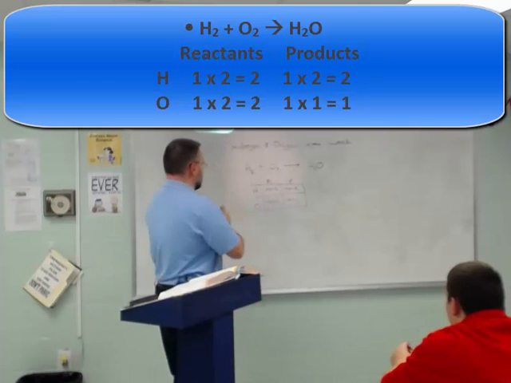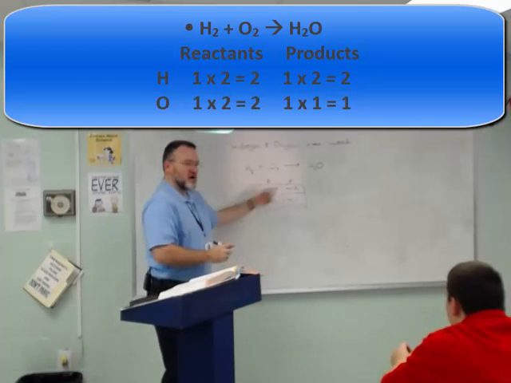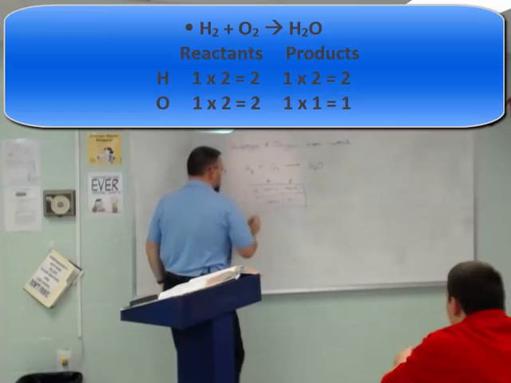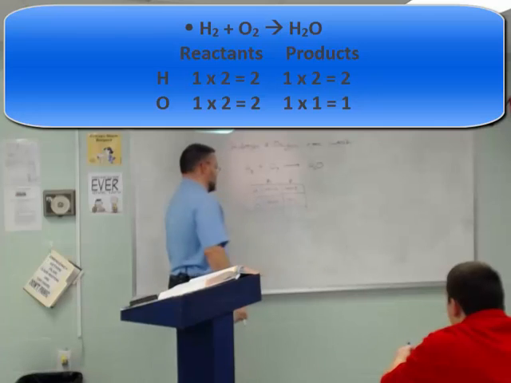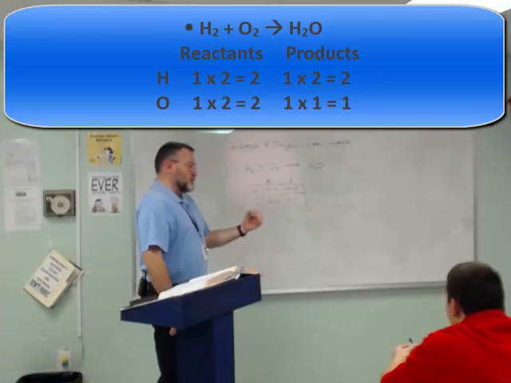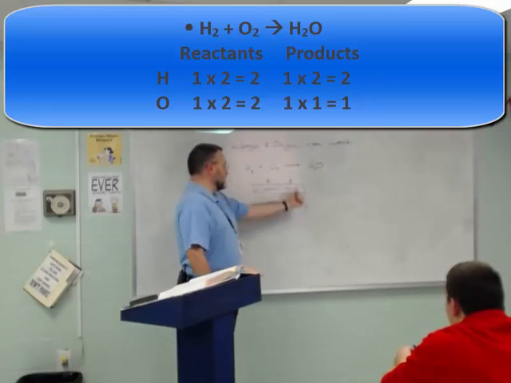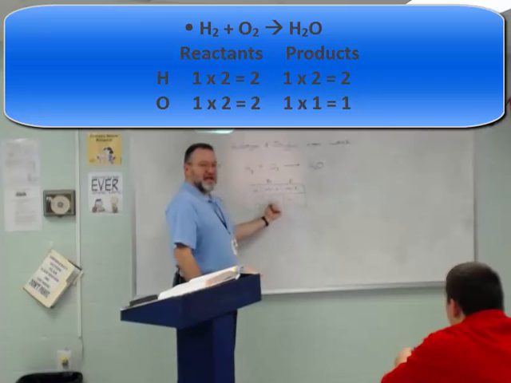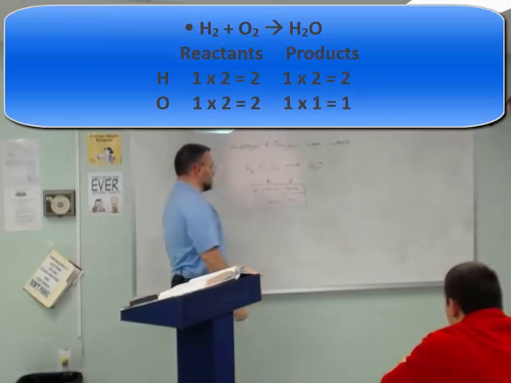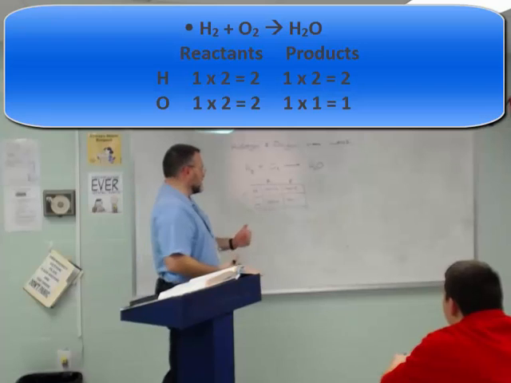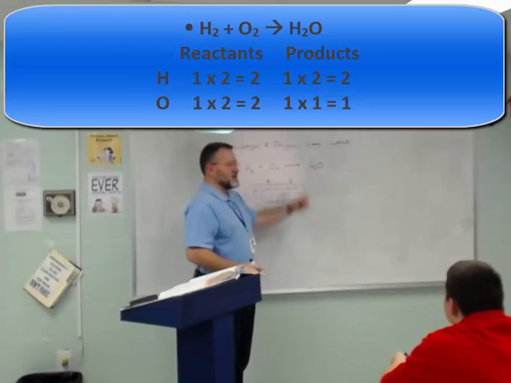I want to balance this. My hydrogens are balanced, right? My oxygens are unbalanced. I need to balance my oxygens. My technique, I look for what has fewer in the product than in the reactant side, and I up the product to match. So I have 2 oxygens on the reactant side, I only have 1 oxygen on the product side. So what do I need to do in order to use up 2 oxygens on the product side?